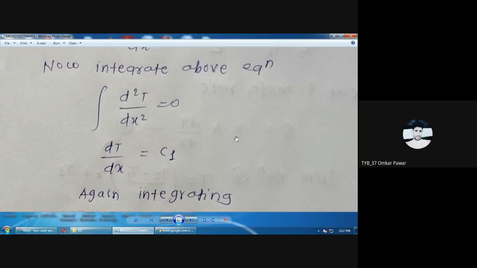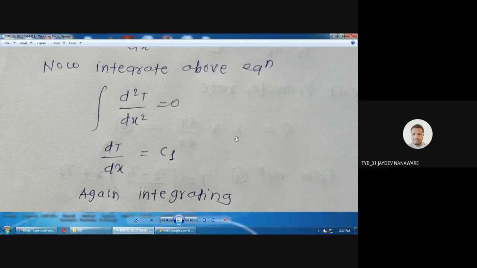T is equal to C1x. Is it correct? Anyone tell me if it is correct or if there is any other answer.